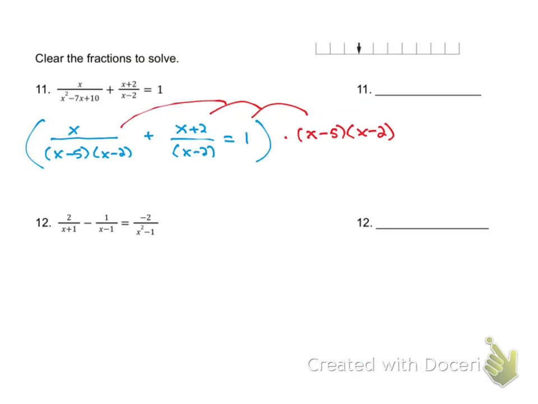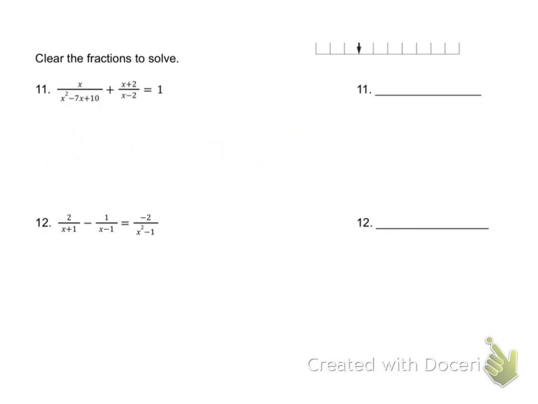All right, next two we haven't really done yet, but I wanted to challenge you here. Same concept of what we've been doing. So we need to factor the denominator here, and that would give us x over x minus 5 times x minus 2 plus x plus 2 over x minus 2 equals 1.